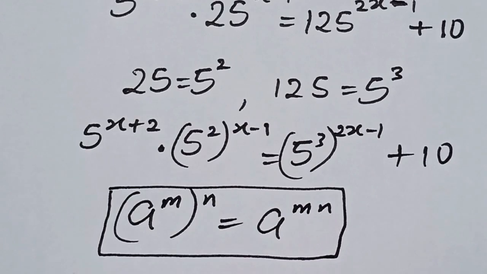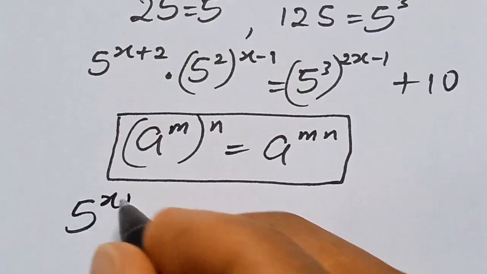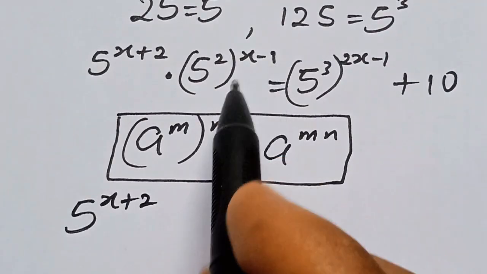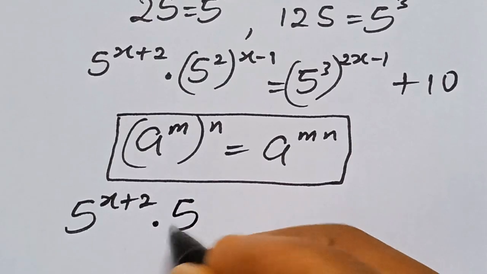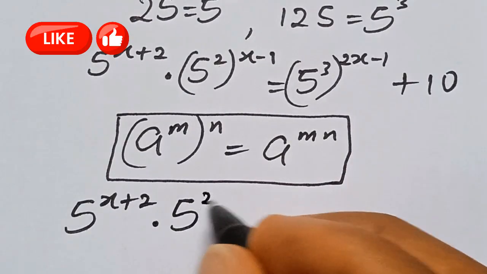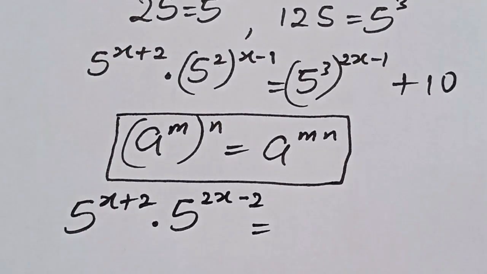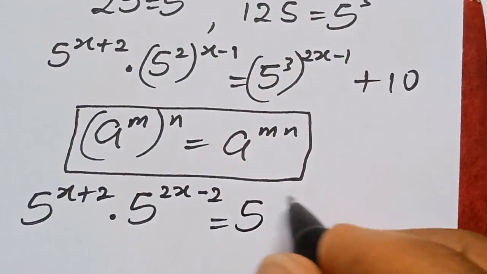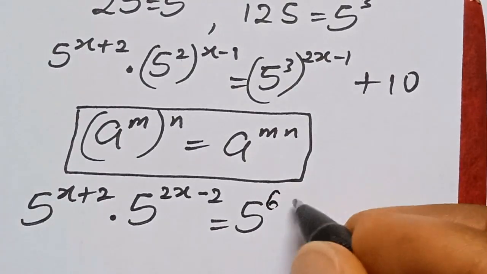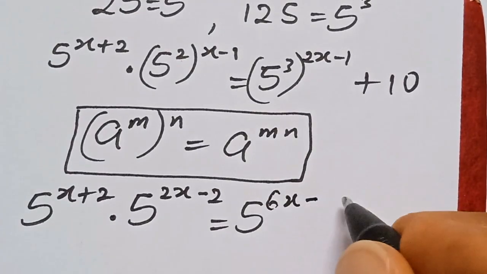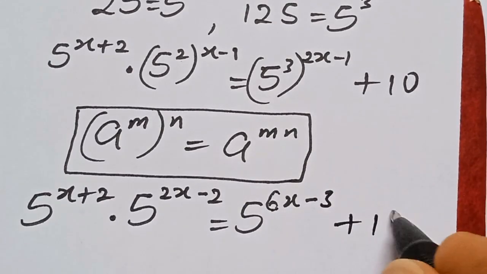Okay, that then gives us 5 raised to power x plus 2, multiplied by 5 raised to power 2x minus 2, which will be equal to 5 raised to power 3 multiplied by 2x minus 1, which is 6x minus 3, plus 10.